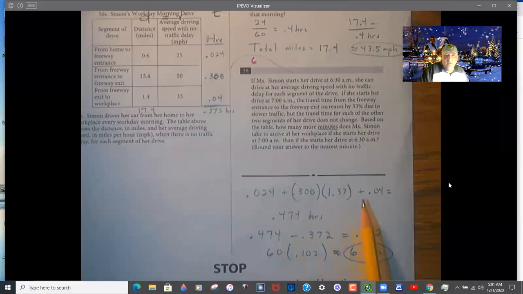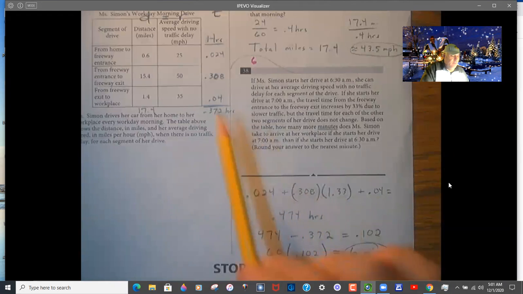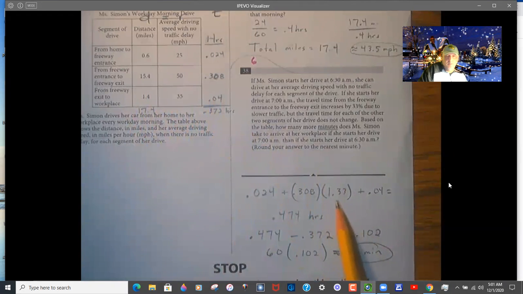So this line here shows the total amount of time if there's a 33% increase in the second piece here. So that's what the 1 point by multiplying by 1.33, that would give you a 30% increase in the time there. So that's a total of 0.474 hours. Typically students would do 0.308 times 1 plus 0.38 times 0.33.